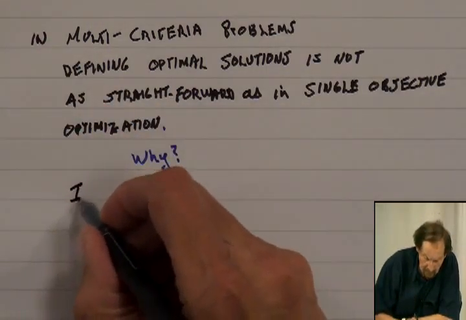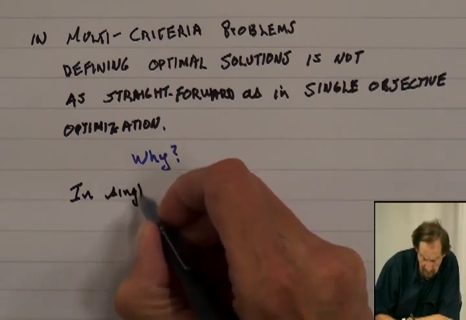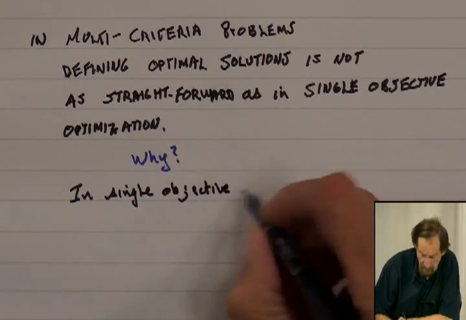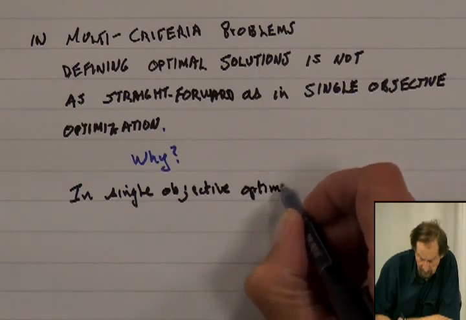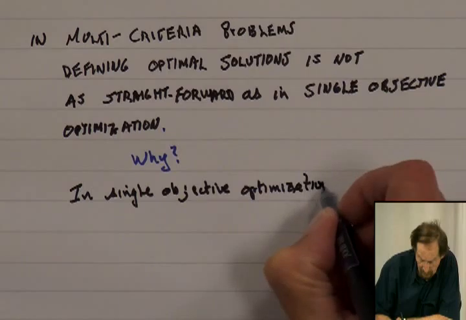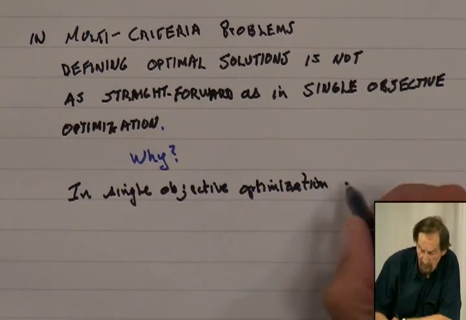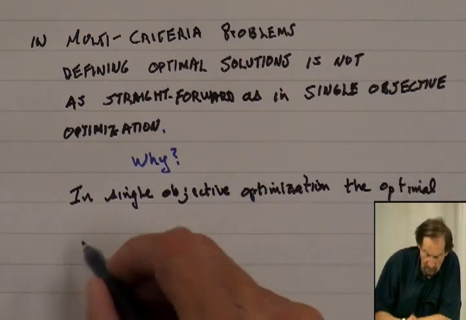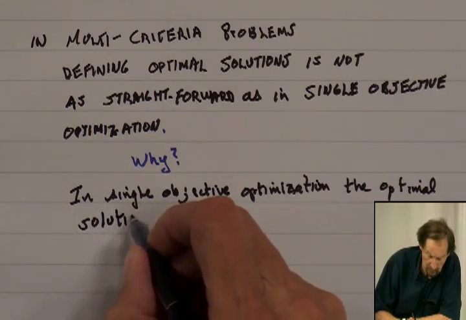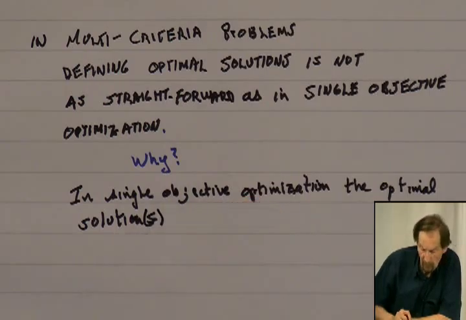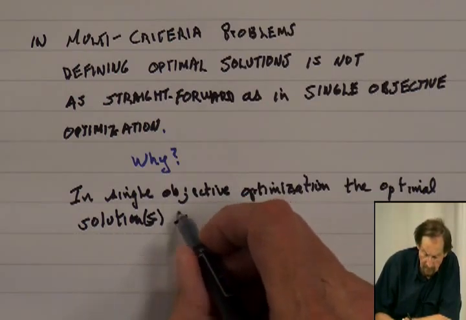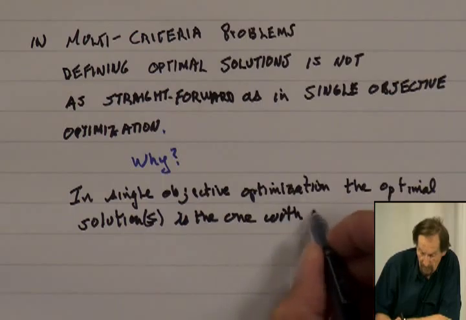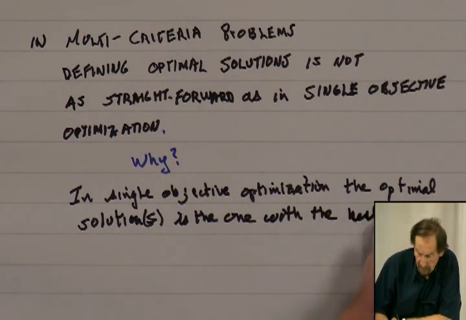In single objective optimization, the optimal solution, actually you could have more than one solution, is the one with the best objective function value.